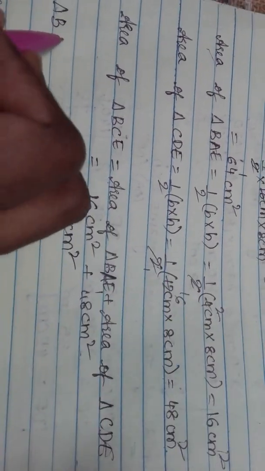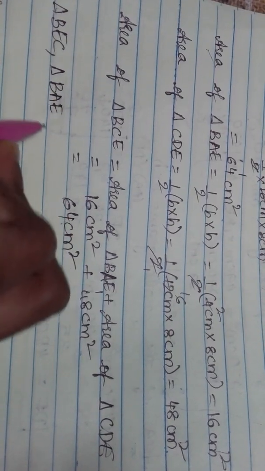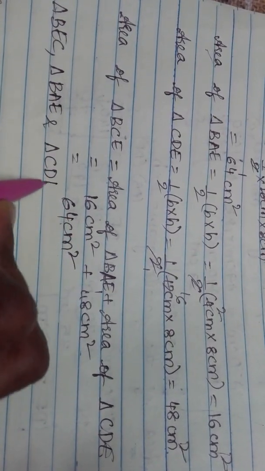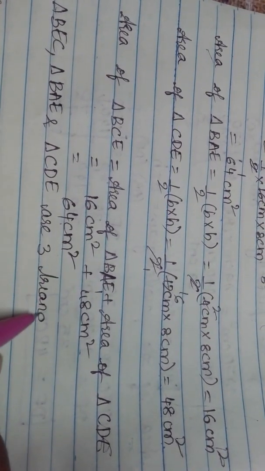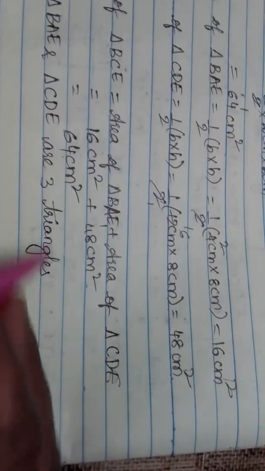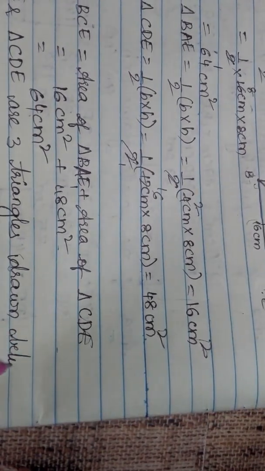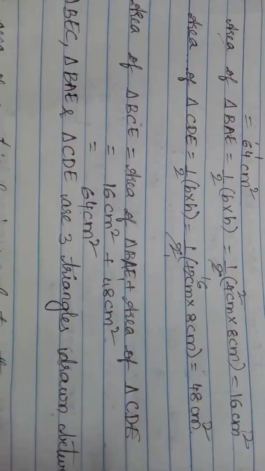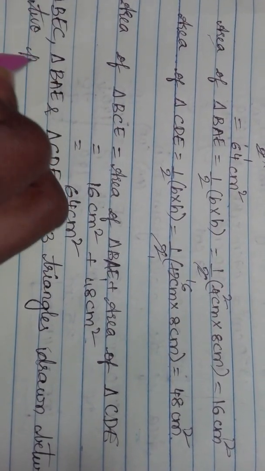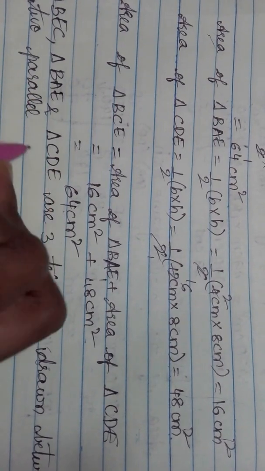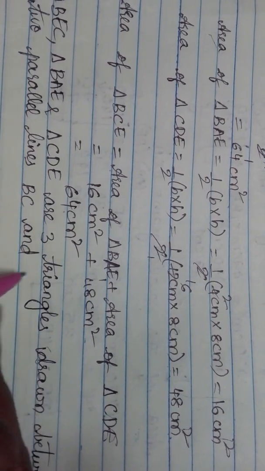Triangle BEC, triangle BAE and triangle CDE are three triangles drawn between two parallel lines BC and AD.